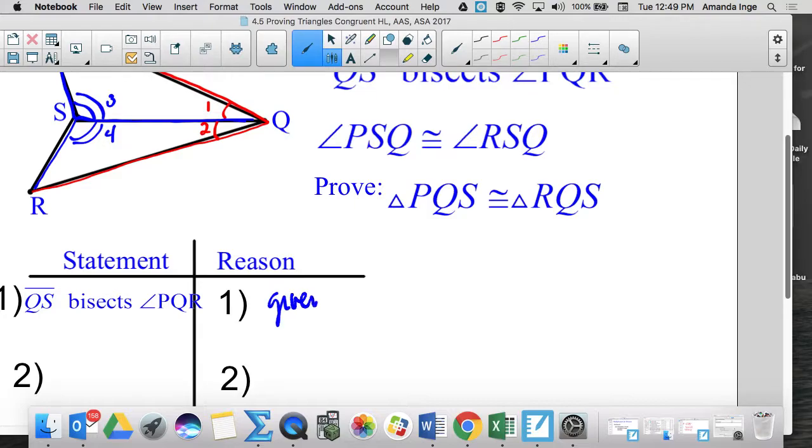But what do we get from that information? What do we get? Angle 1 is congruent to angle 2. Definition of angle bisector. Hopefully y'all are writing this down and not just watching me do it.